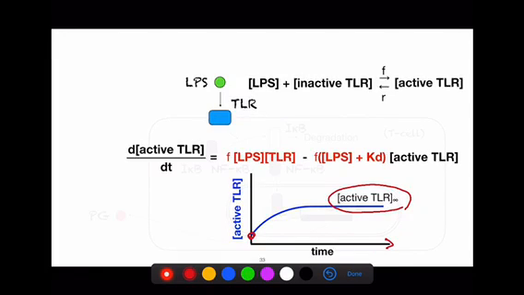To be practical, almost all TLR will be inactive when there is no LPS. So you can actually bring it down to 0. But just to be general, we can consider that there can be some kind of TLR at time 0.